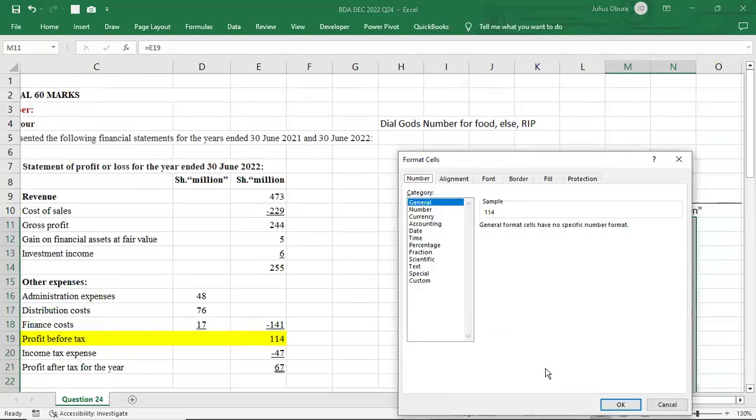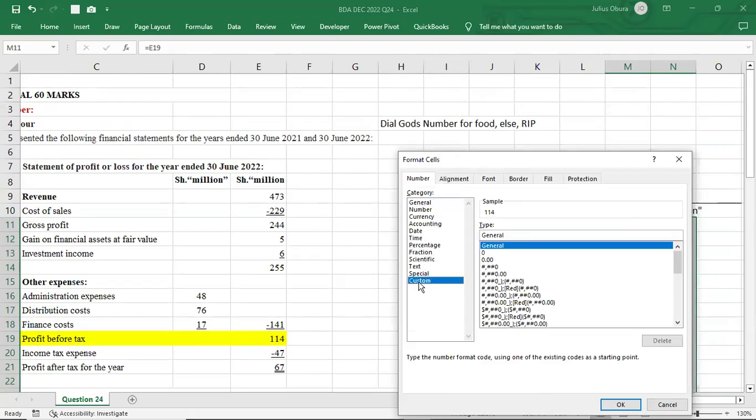You go to custom. Then from custom, we'll check from whatever that we have here, and we should have this format here.